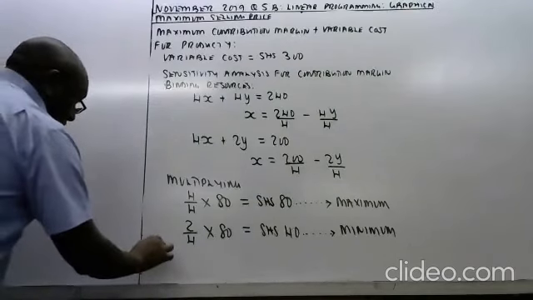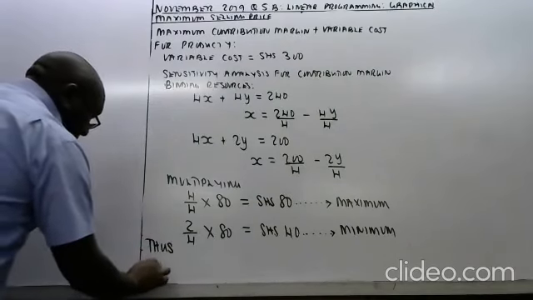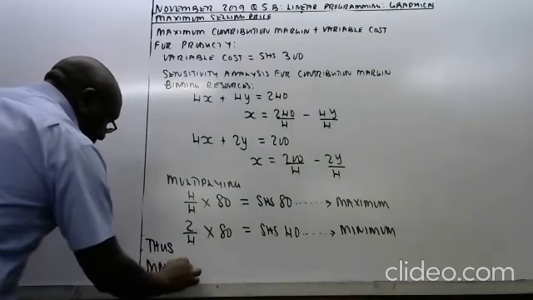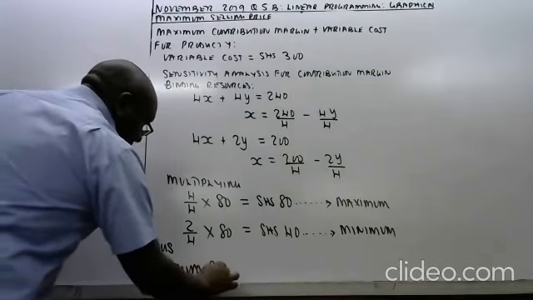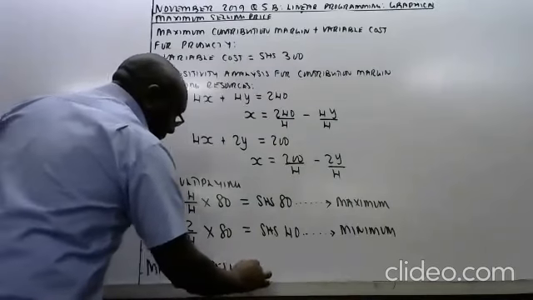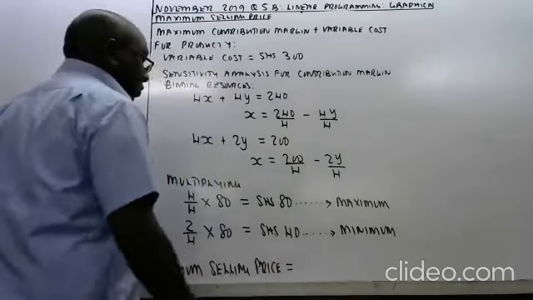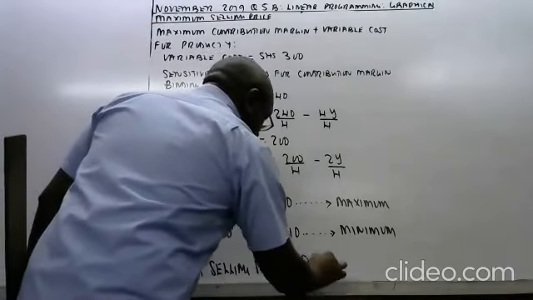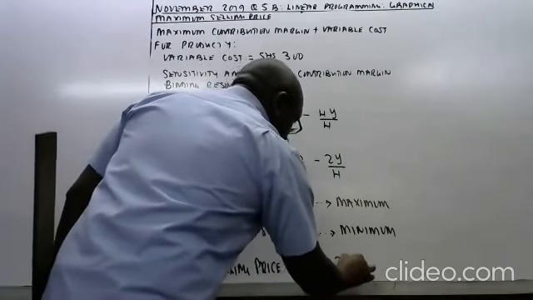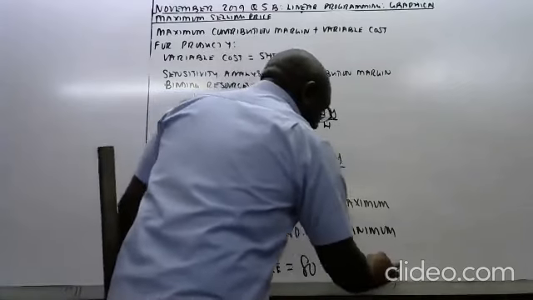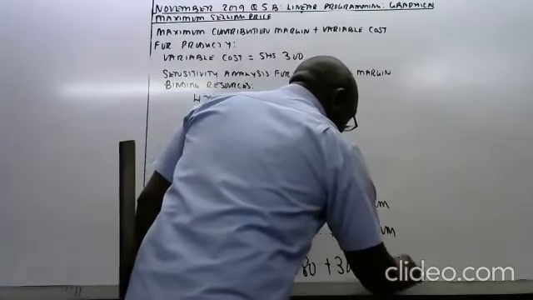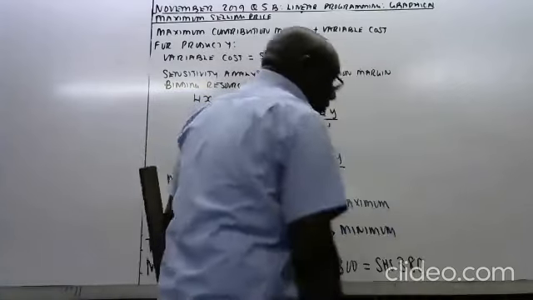So we say thus maximum selling price will be equal to 80 plus 300, and that is shillings 380.